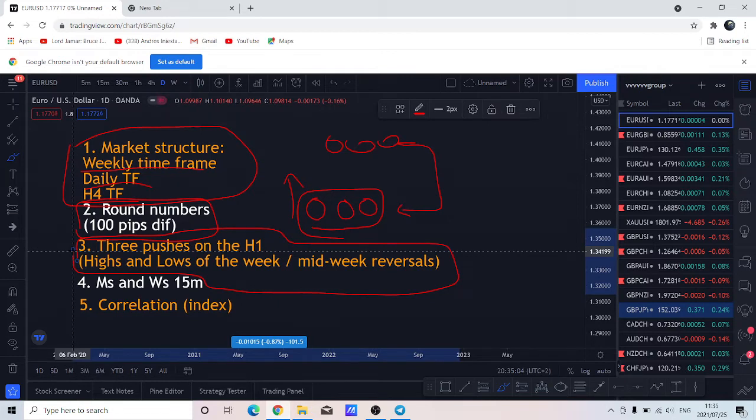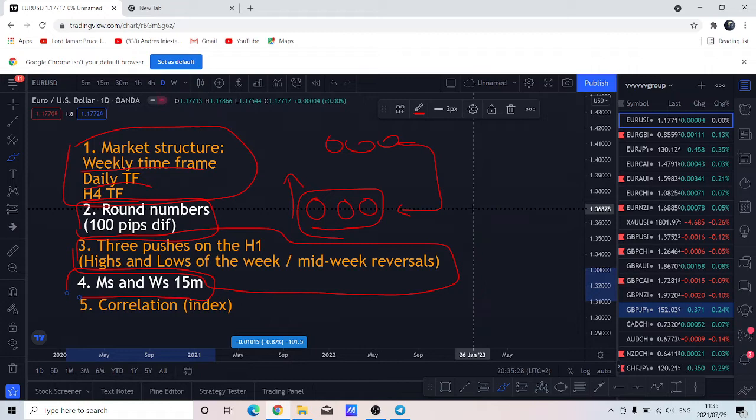Then before I take a trade, I make sure that I zoom into the lower time frame, which in this case is the 15-minute time frame, to do what? To look at the M's and W's. M's and W's are a well-known concept, but personally I use this one to catch the entries.